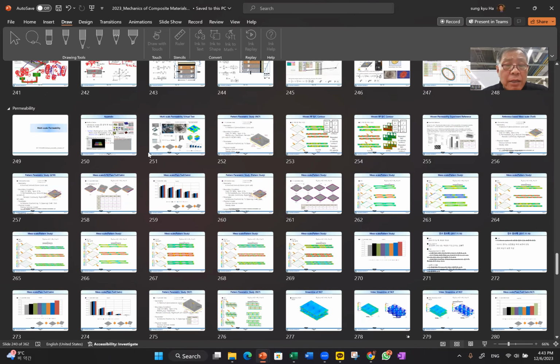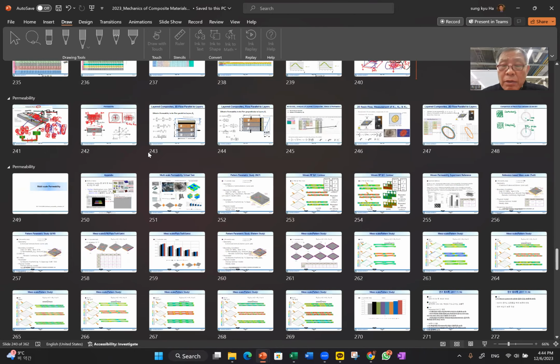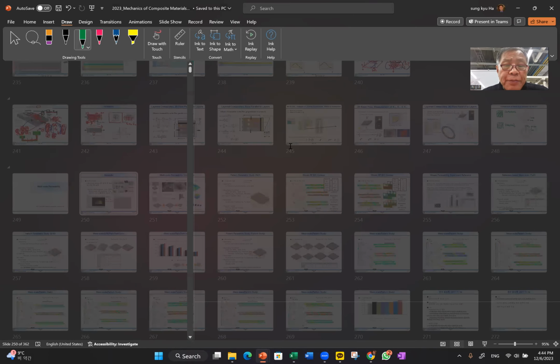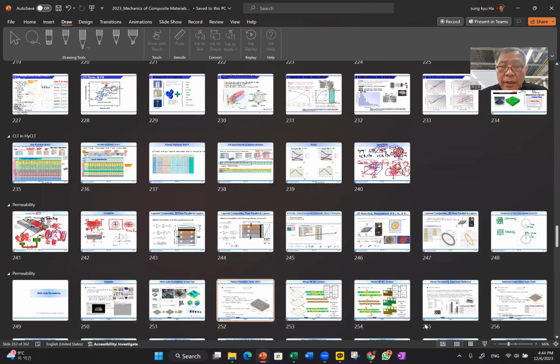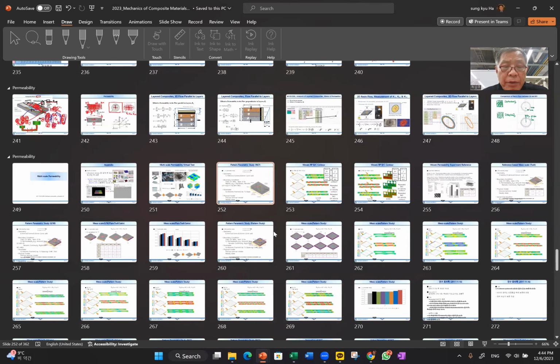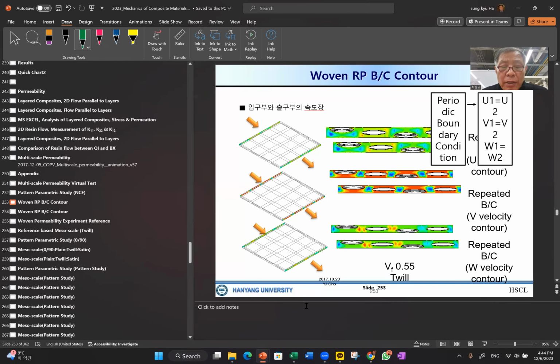Now, I'd like to go quickly into a more advanced topic of permeability. This micromechanics can be applied to understanding or calculating structural behavior, but the micro multi-scale approach can also be applied to resin flow.